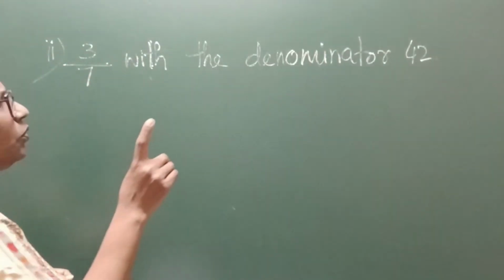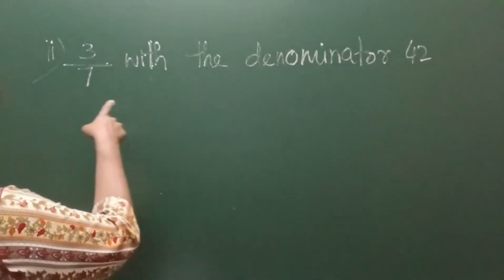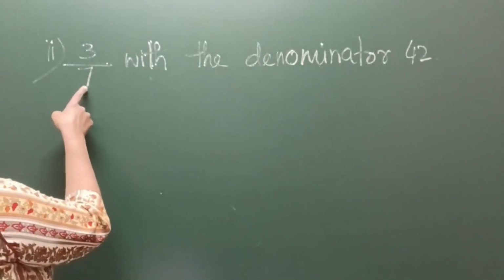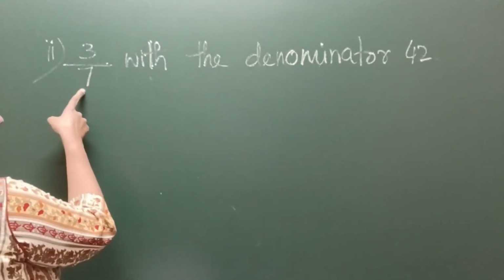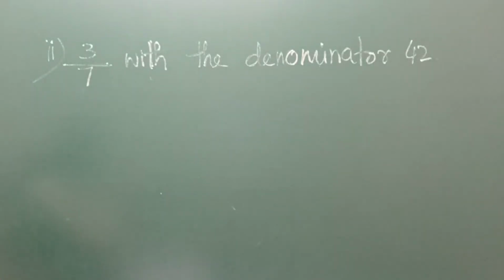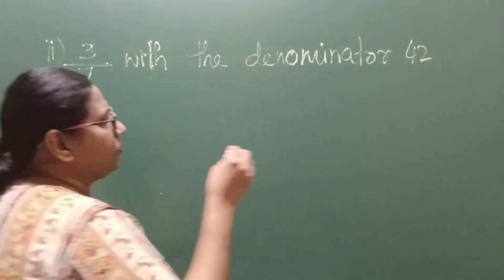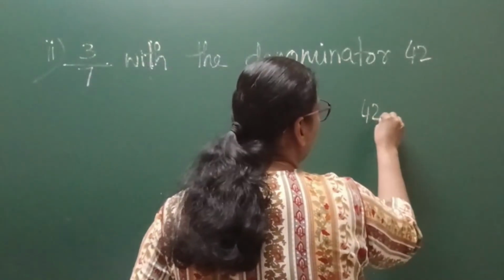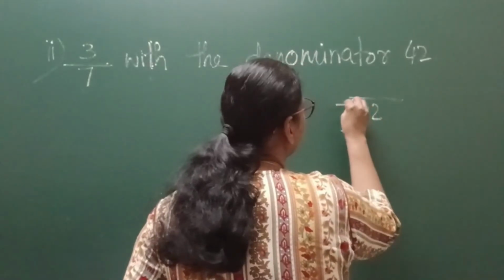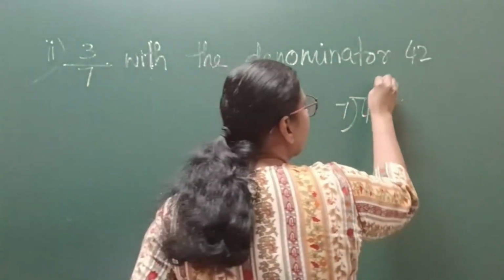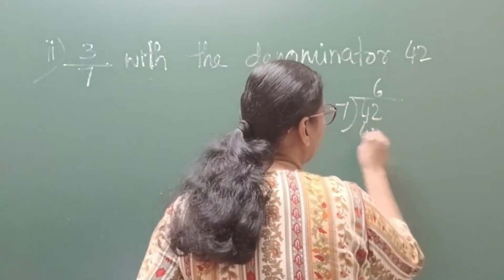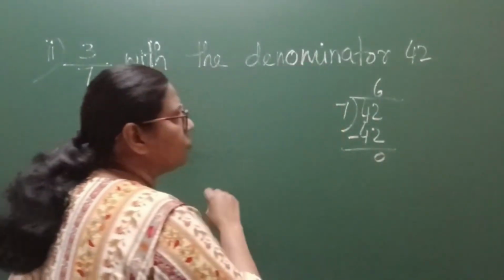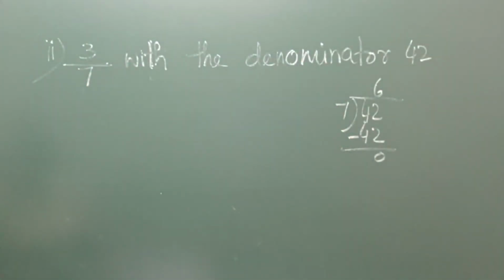So we have to divide 42 by the given fraction's denominator, then we get a factor. 42 divided by 7, 7 sixes are 42. So we got the factor 6.